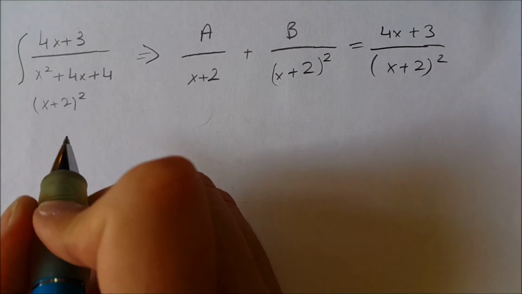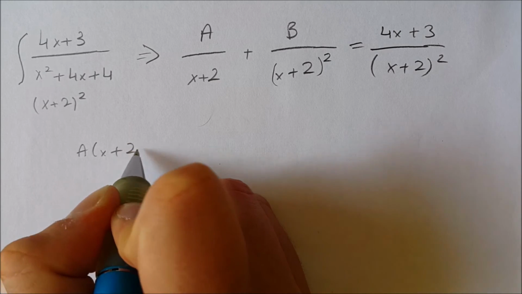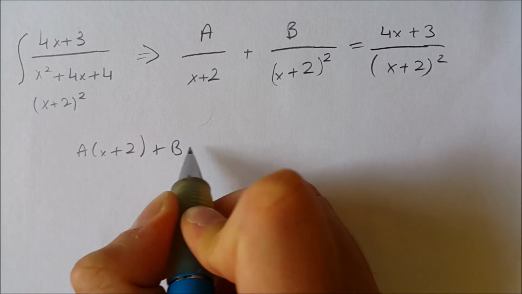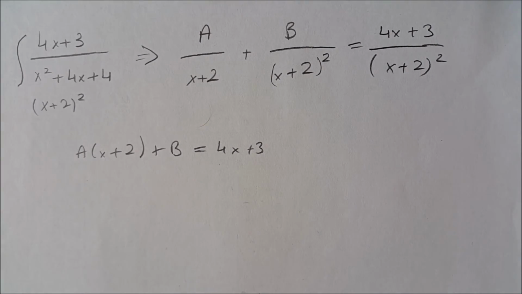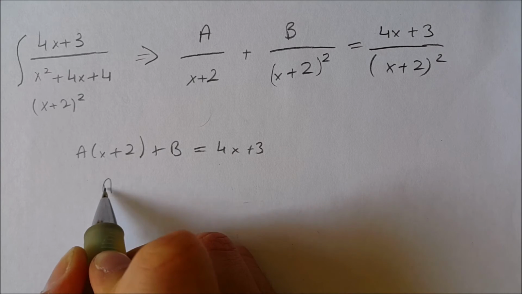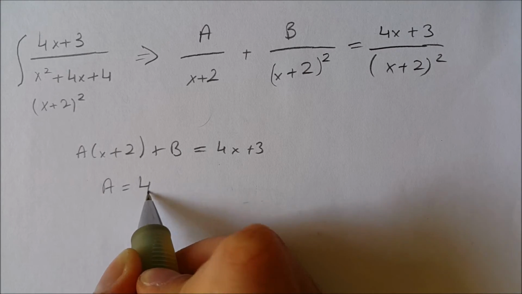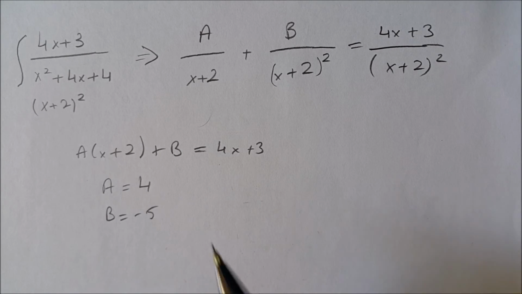So a times x plus 2 plus b gives us 4x plus 3 in this situation. It's simple adding. So if you do the math, you get a to be 4 and b to be negative 5.